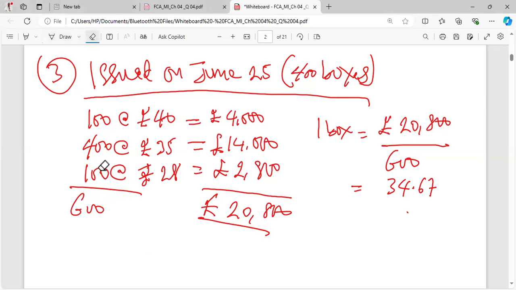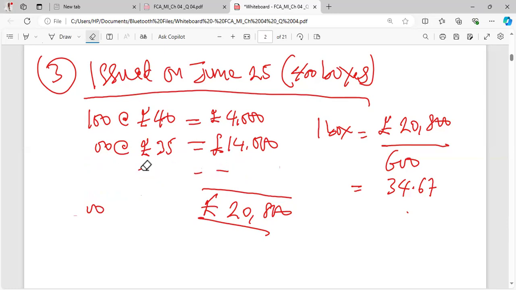We are going to take 300 at 35. Then that means we are going to clean off all of this.